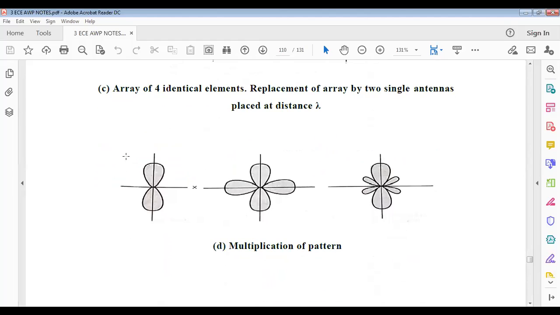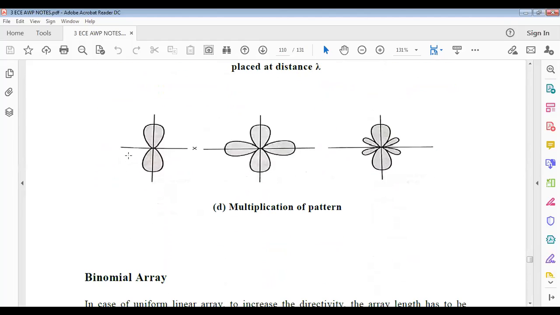Then how to perform the radiation pattern calculation for 8 elements, when we consider the 8 elements 1, 2, 3, 4, 5, 6, 7, 8?